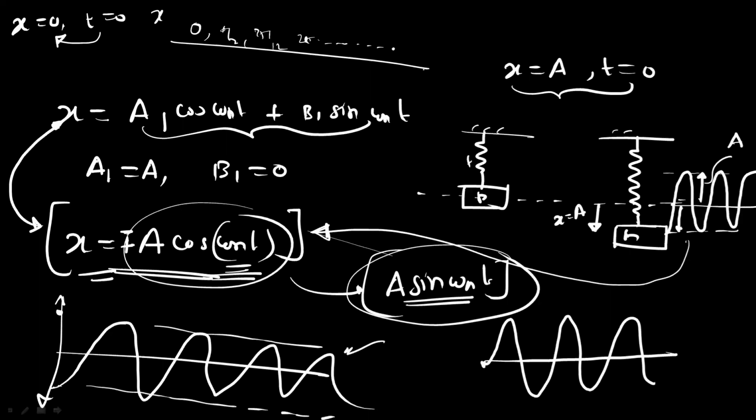For that, we need to provide some other parameter. Think about what the other parameter is, so that the mass will start its displacement only from the mean point. What is the other parameter? This is your homework. We will stop here.